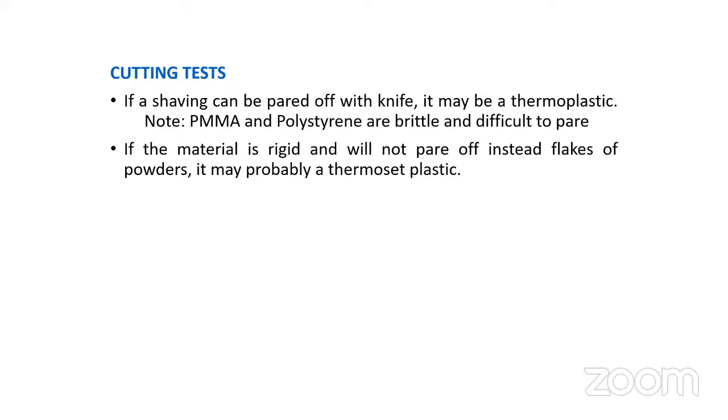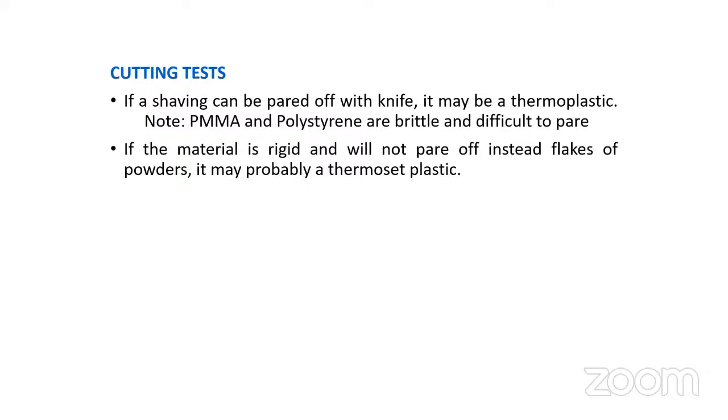Then the second thing: if the material is rigid and will not pare off, and instead of a slice you get a powder, or it will not get cut, it may possibly be a thermoset plastic. Thermoset polymers are hard in nature due to the highly cross-linked structure.